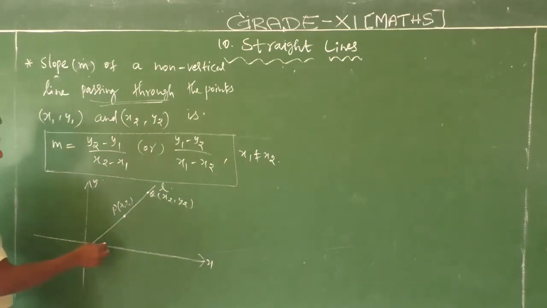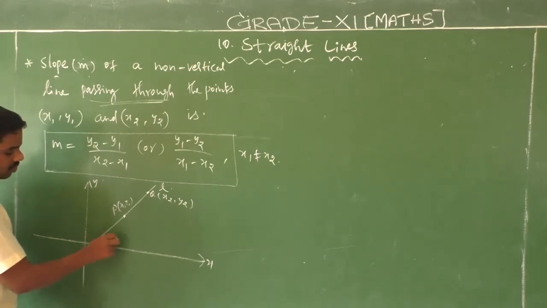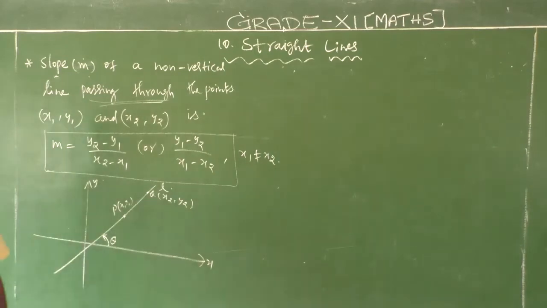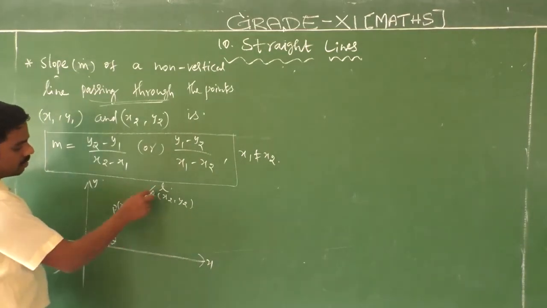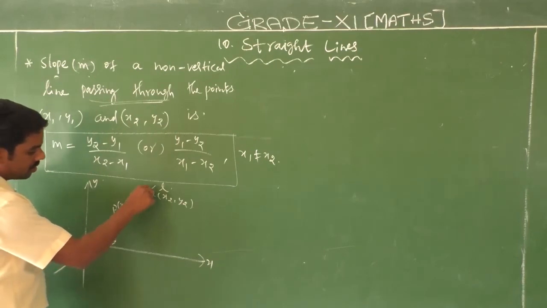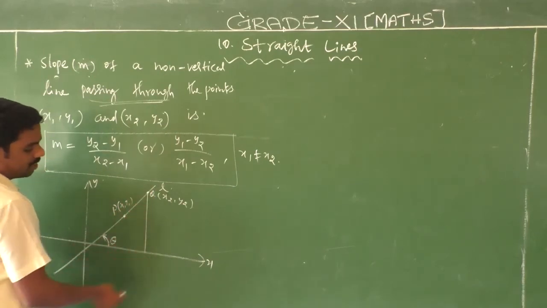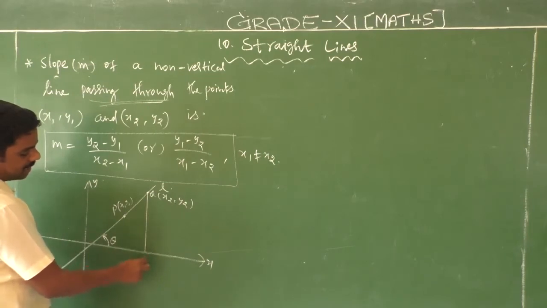Here the angle of inclination of the line L is theta. Theta is an acute angle. For a line perpendicular to the x-axis, that is m.